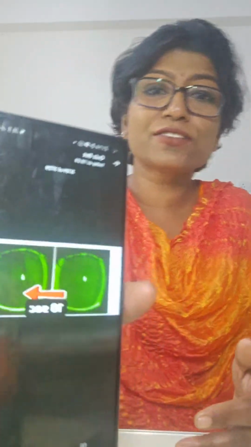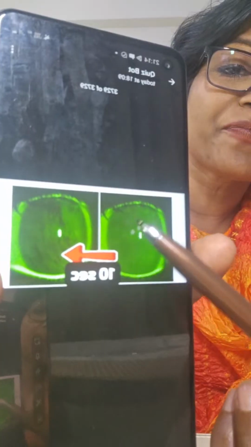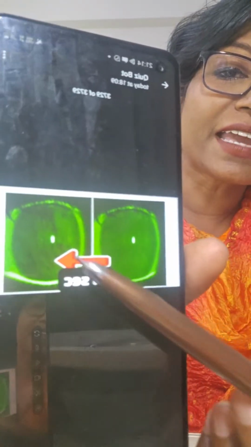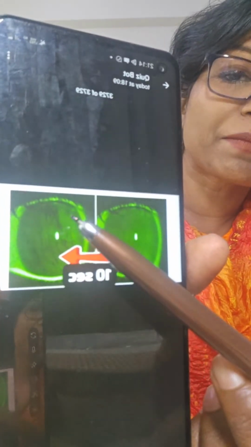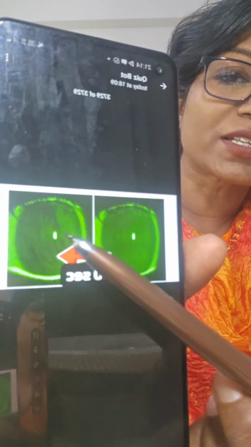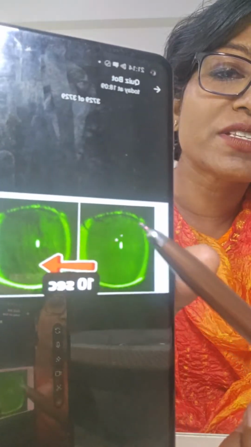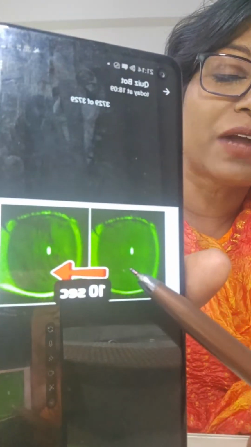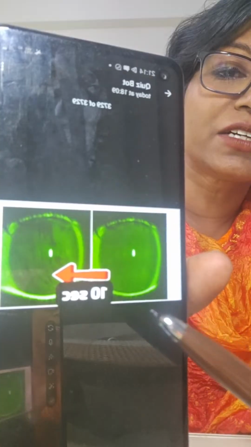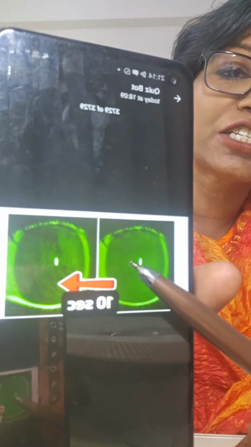Now this question gives you an image. You can see fluorescein dye stained, and they say 10 seconds, and then you can see all these black islands, black spots. That means this is a tear breakup time. Initially you put fluorescein, when it is confluent, and you're seeing the fluorescein dye under cobalt blue light, it's giving you the greenish fluorescence.